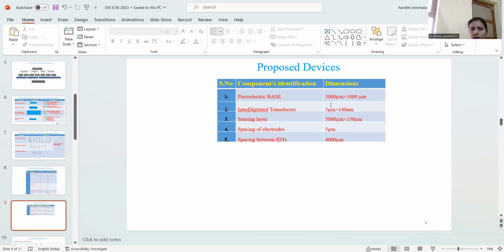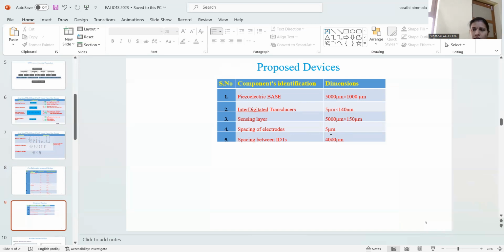The piezoelectric substrate is taken with a 500 micrometer width and length, and the height is considered to be 1,000 micrometers, and the IDT is taken with a width of 5 micrometers and a height of 140 nanometers, and the sensing layer is taken with a length of 5,000 micrometers with a height of 150 micrometers.